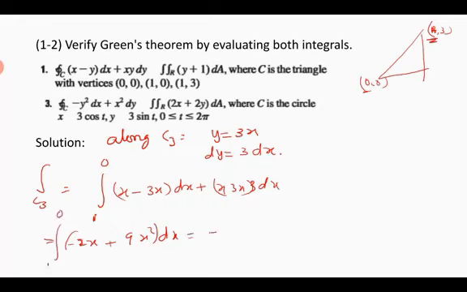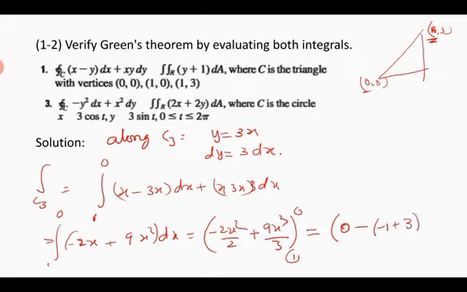So minus 2x square over 2 plus 9x cube over 3, from 1 to 0. What you get here is 0 at our upper limit, minus, when you substitute the lower limit 1, minus 1 plus 3, it will be positive 2, and multiplying the outside negative, it will be negative 2.